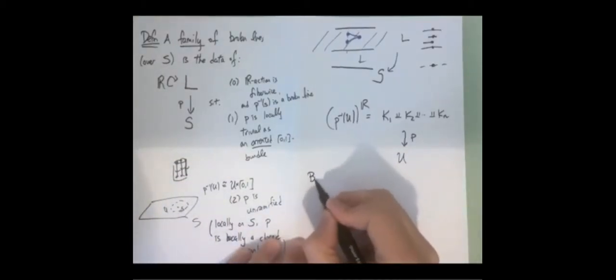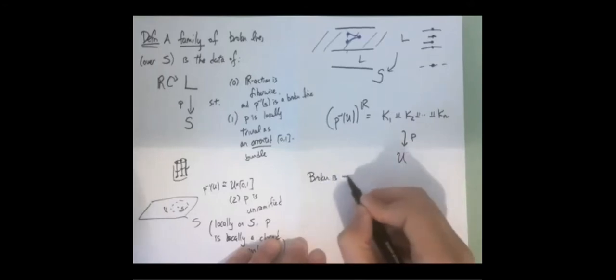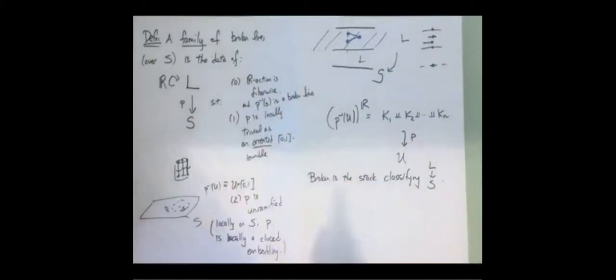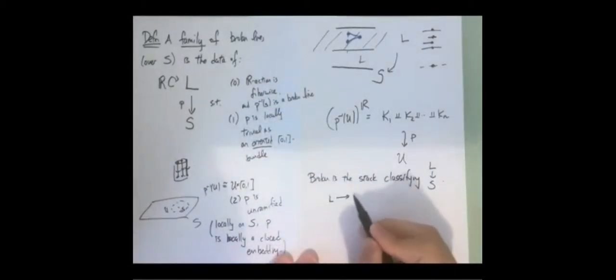So that's it. So broken is the stack classifying these things. Oh, right. What is an equivalence of two families of broken lines? It's just an R-equivariant homeomorphism.